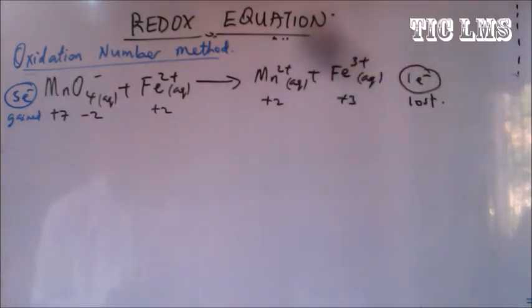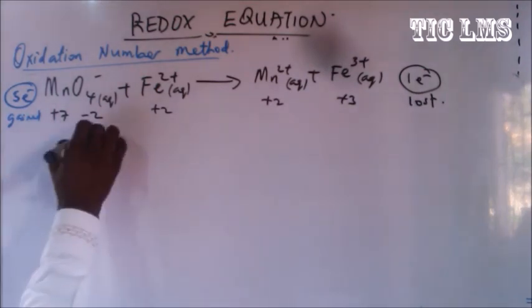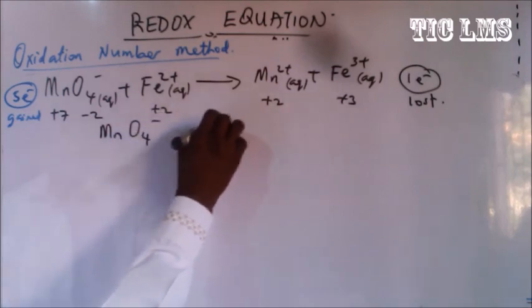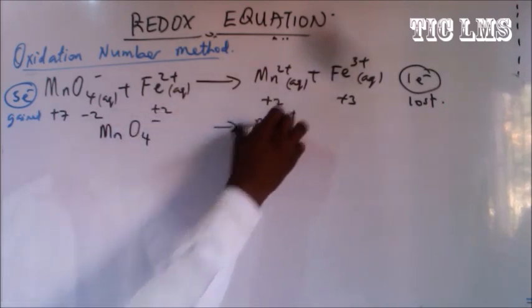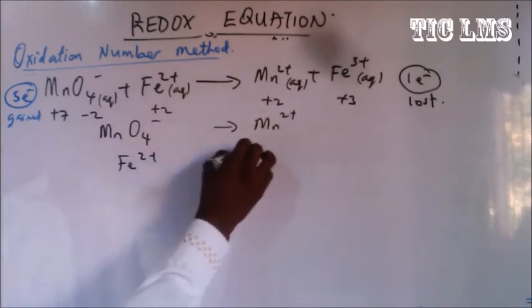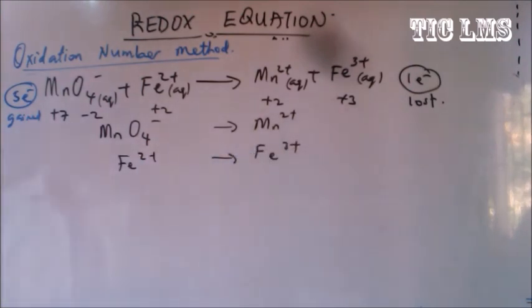Next is to balance the atoms of the elements. So we have MnO4⁻, then Mn²⁺, and then we have Fe²⁺ giving us Fe³⁺. When we take a good look at it, the atoms are balanced except O4, which we will balance later on.